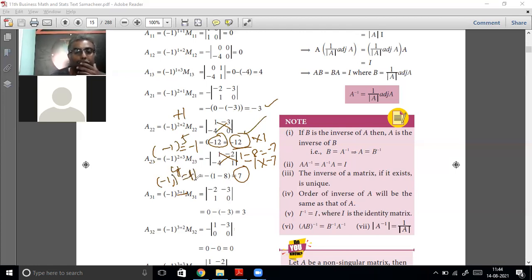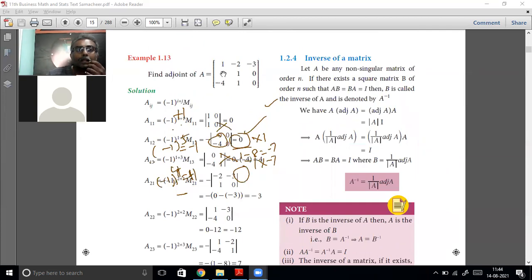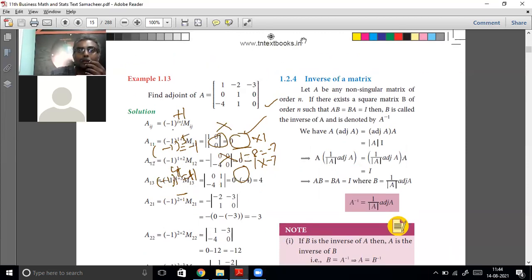A question: for A23, was there a minus outside the bracket? For A2 comma 3, the matrix is 1, minus 2, minus 4, 1.